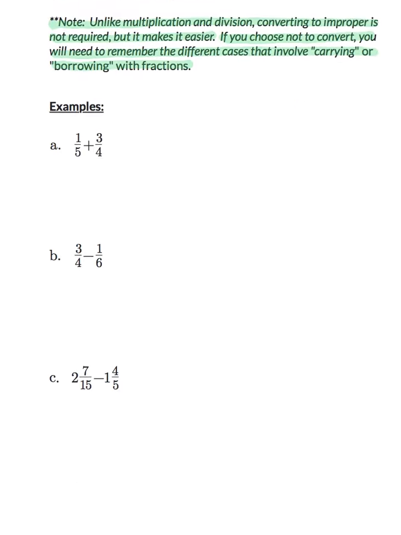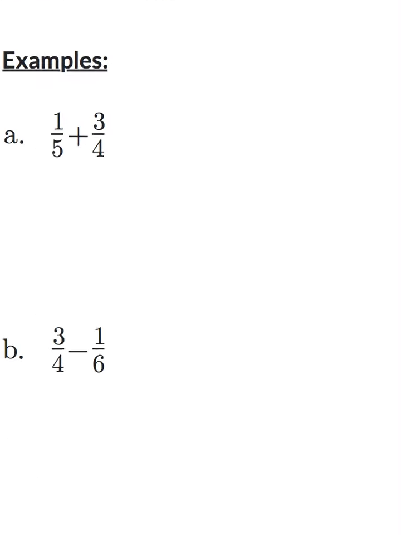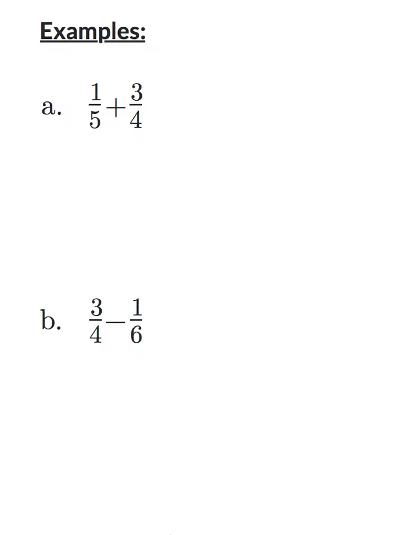So let's look at some examples. Example A, we have 1/5 plus 3/4. So my first step is I need a least common denominator. My LCD, what is a number that is divisible by 5 and by 4?